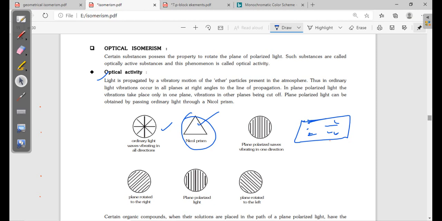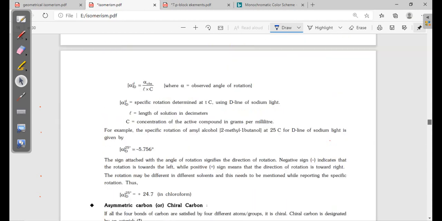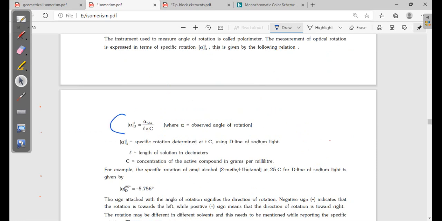Yes, next. To calculate this, this is the formula. Alpha, D and T: specific rotation determined at T degrees Celsius using the D line of sodium light. Here we are taking a specific light, then only these values do not change. T and D are always constant.